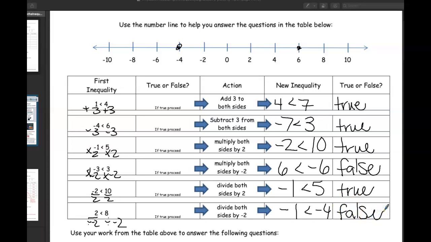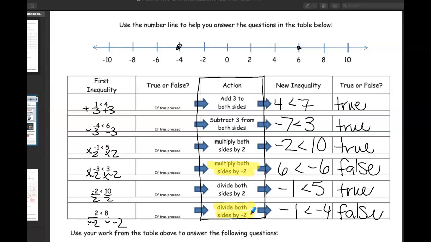Okay, so then the question says, what specific actions, so this column, what specific actions caused the first inequality, these were all true, but made the second inequality false? Multiplying negatives. So here, we went multiplying here and here, so Noah says it's multiplying and dividing by a negative number.